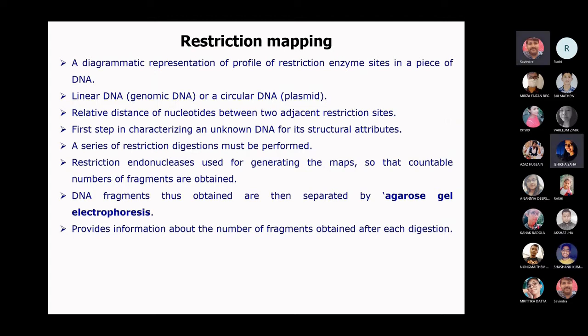Now, Ishika, are you there? Yes, sir. Just imagine that you have a hair band, the rubber hair band that girls use in their hair, these days even some boys use it. Imagine it's a circular DNA or a plasmid structure. If you cut it from one side, how many fragments will you have?